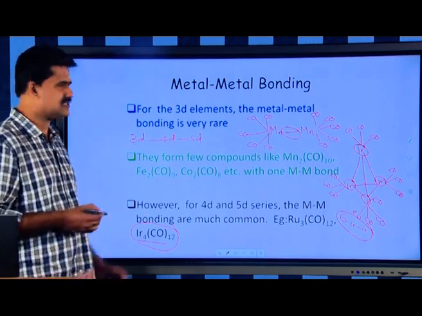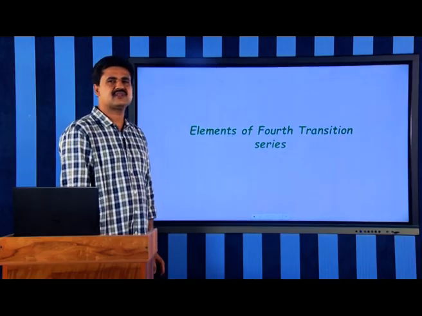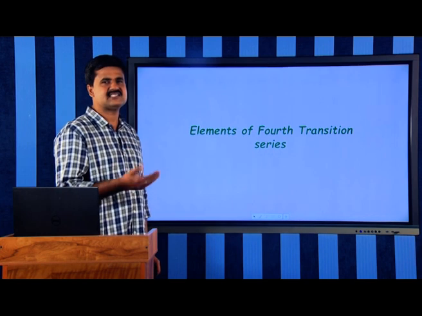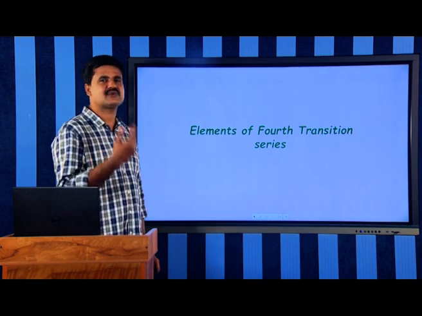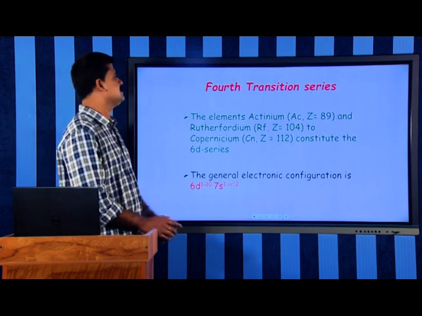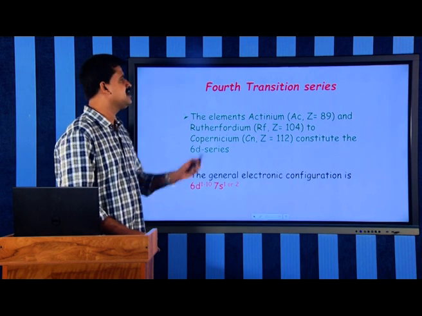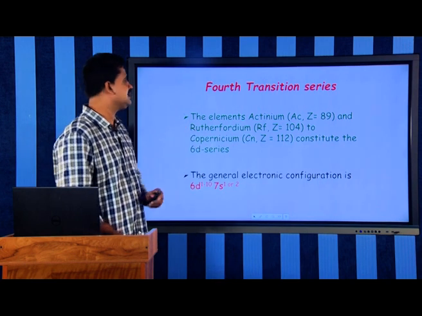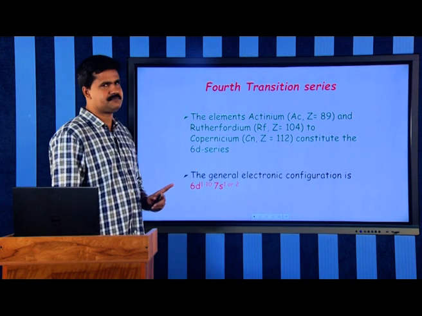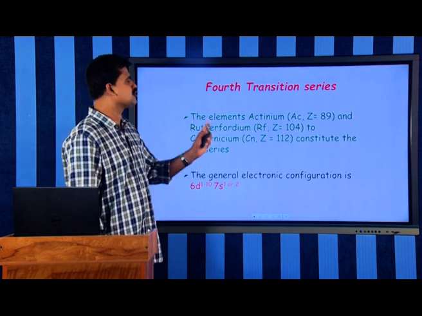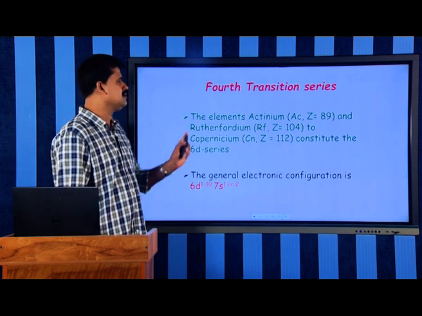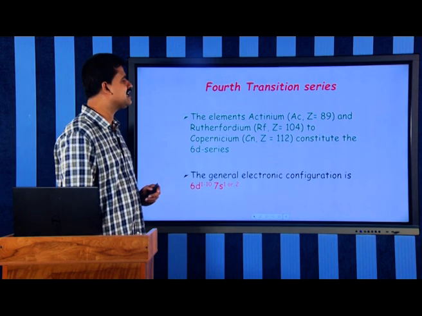Elements of the fourth transition series. We are discussing the last transition series, or 6d series, or fourth transition series. The fourth transition series comprises the element actinium with atomic number 89 and the elements from rutherfordium to copernicium, that is, from rutherfordium with atomic number Z = 104 to copernicium with atomic number 112.